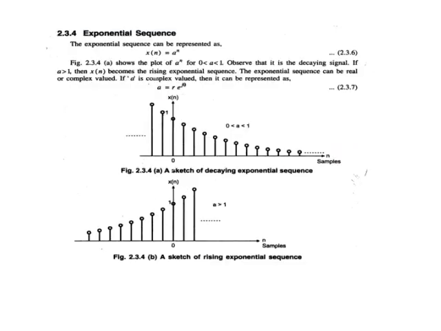Then an exponential signal. This is the decaying exponential when a is less than 1, and if a is greater than 1 the exponential signal will increase. Now we will see a few examples. Prove that del of n equals u of n minus u of n minus 1. This is u of n, this is u of n minus 1, and u of n minus u of n minus 1 comes out to be del of n.